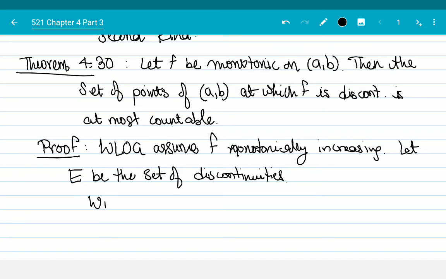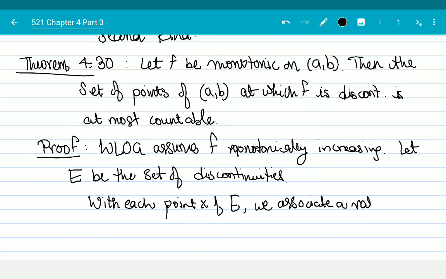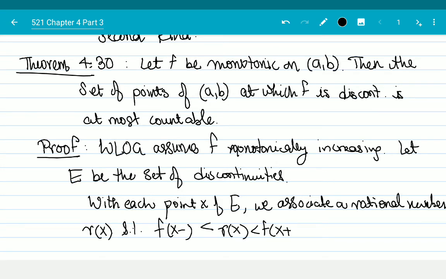So with each point x of E, we associate a rational number Rx such that f of x minus is smaller than Rx, smaller than f of x plus. Okay?